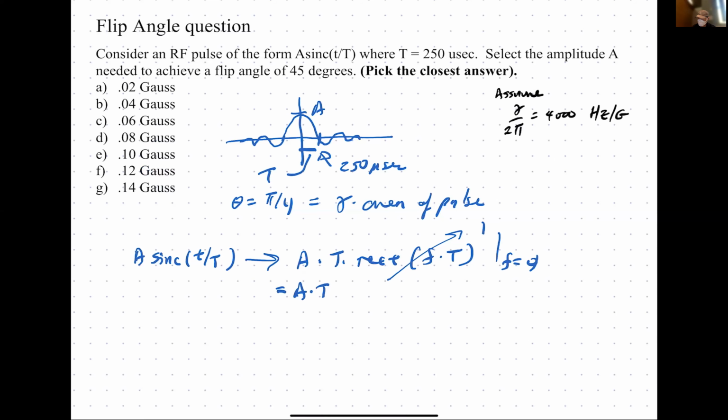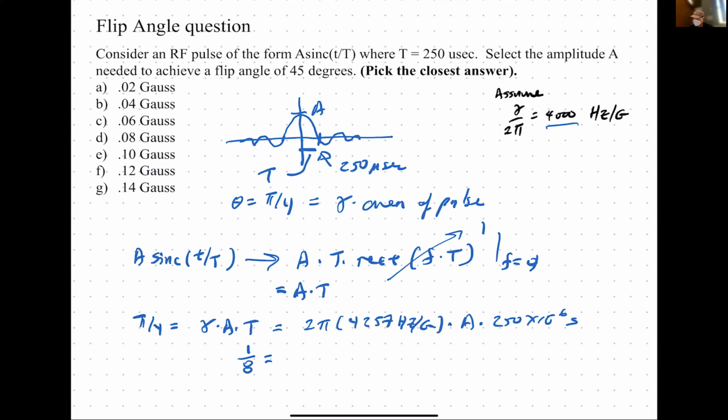We can just say that pi over 4 equals gamma times A times T, and that's equal to 2 pi times 4257 hertz per Gauss times A, which we're trying to solve for, times T, which is 250 times 10 to the minus 6 seconds. So we can cancel out the pi's, and then we can divide by the 2, and we get 1/8 equals, oh, and then it says assume that it's 4,000 hertz per Gauss.